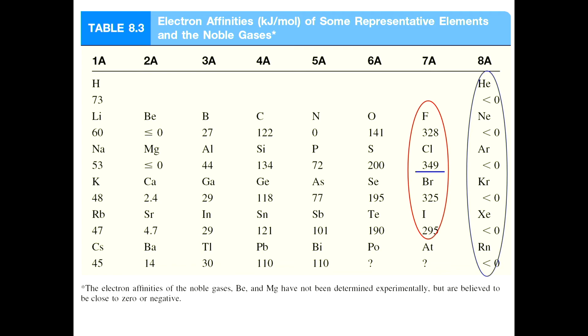Because we know these nonmetals tend to get electrons, right? So they tend to get electrons, this means they will release more energy. But for metals, basically they don't want to get electrons. So when they get an electron, they release very little energy. Okay.